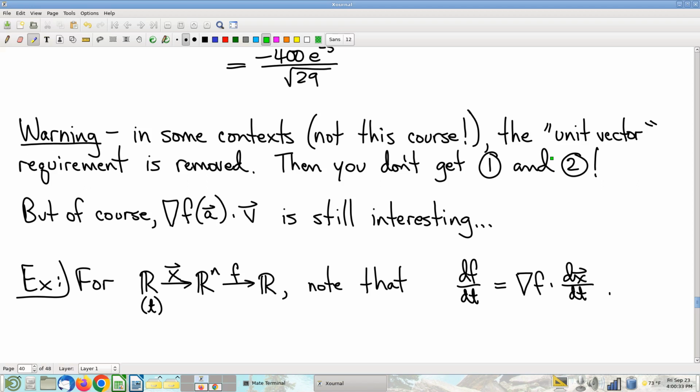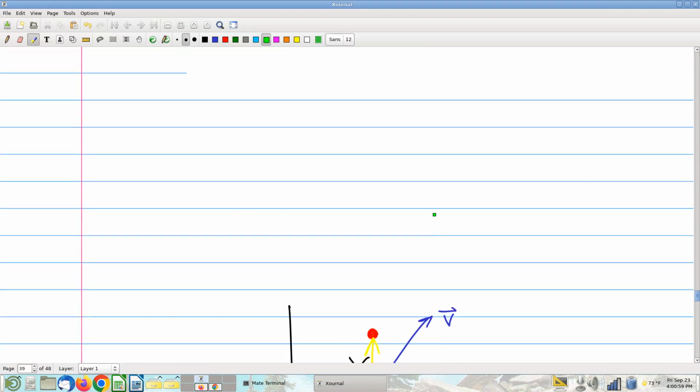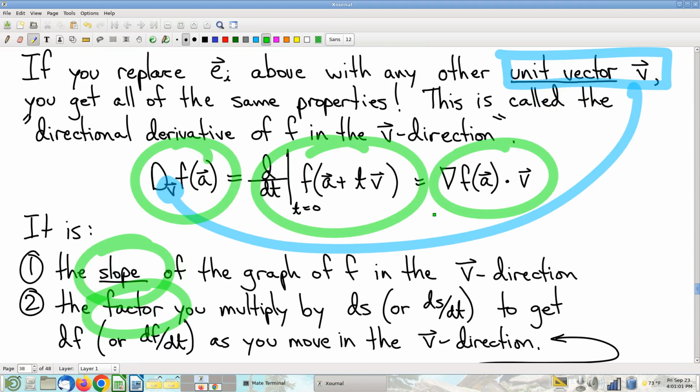They'll just say directional derivative and assume that you know the sense in which they intend that. So when you hear the term directional derivative outside of this class, your ears should perk up and think, uh-oh, which school of thought does this person subscribe to? Because it could be either. For the record, I'm one of the other guys. Outside of Math 219, my own personal preference is to lose the unit vector requirement.